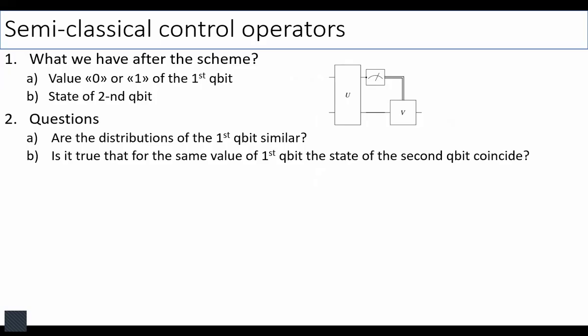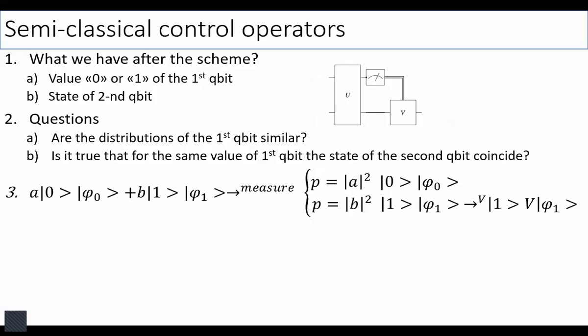They're equivalent. So you were right. Yes, they're equivalent, and let us do the calculation. If we use this scheme, we started with A0, I0 plus B1, I1. I wrote it in a form which is nice for measurement.